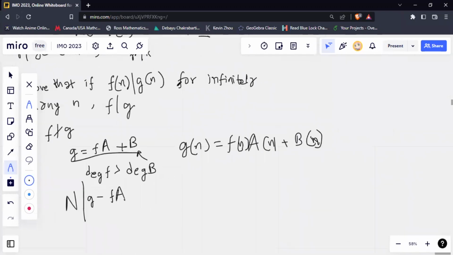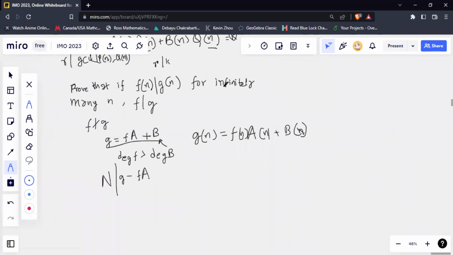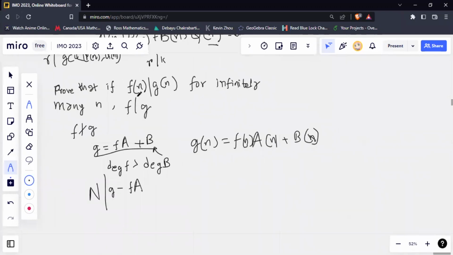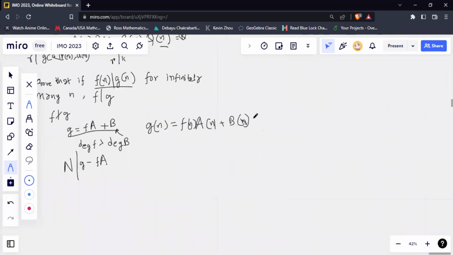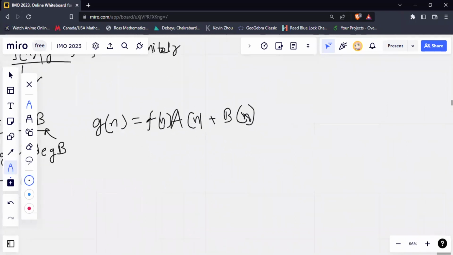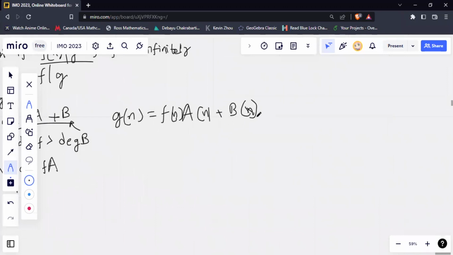Since we are picking n among those infinitely many n's such that f of n divides g of n, g of n can be written as x times f of n because f of n divides g of n.